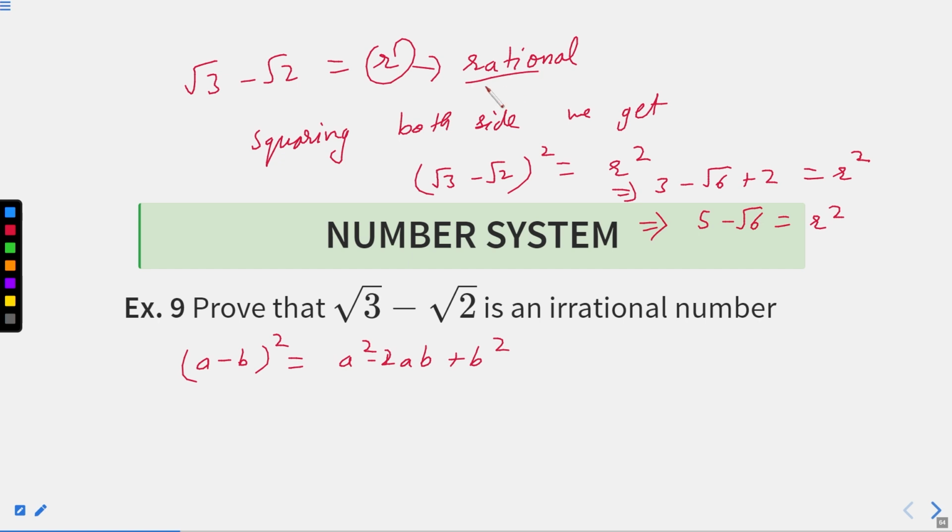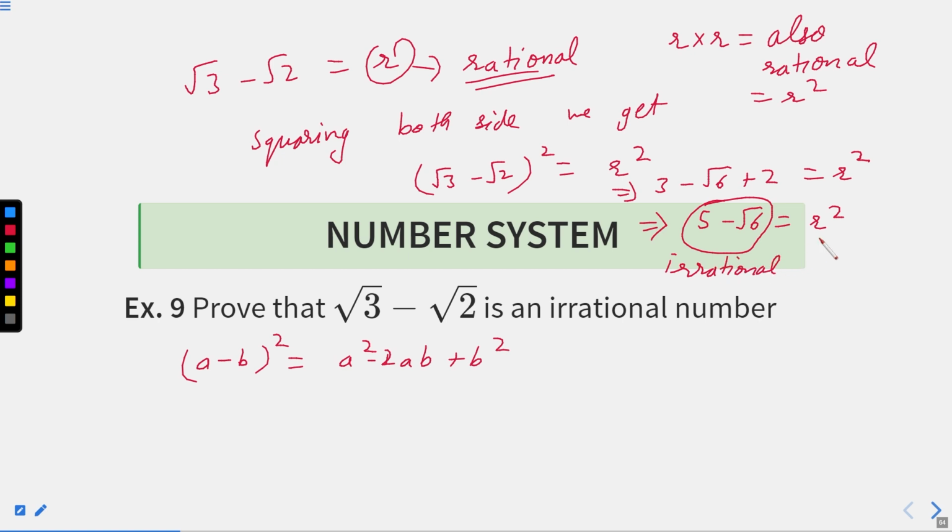If r is rational, then r into r is also rational. Keep this in mind. So r square is also rational. But here on the left side, we have an irrational number, and on the right side a rational number.